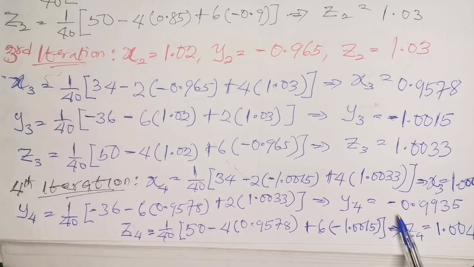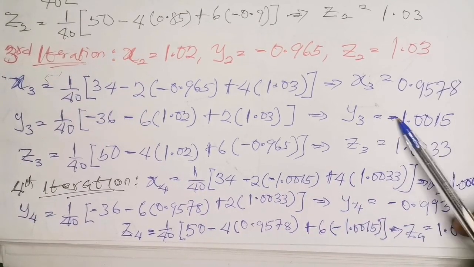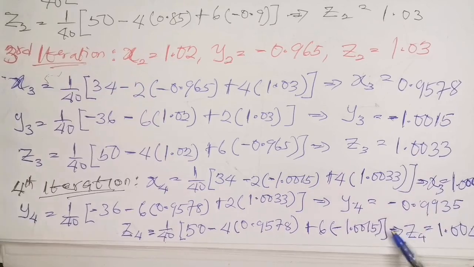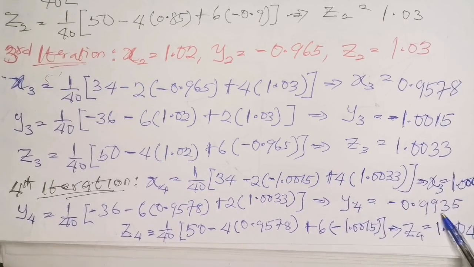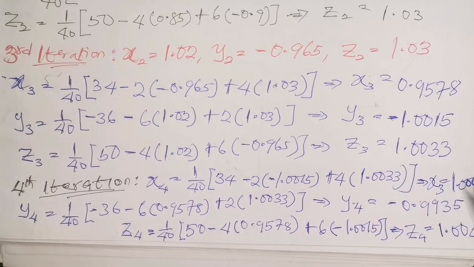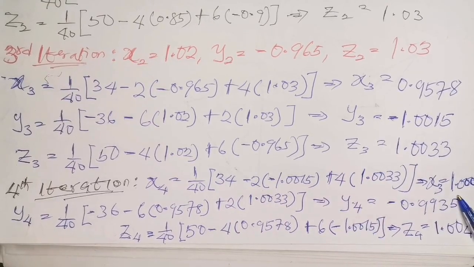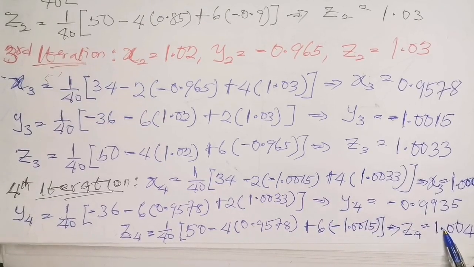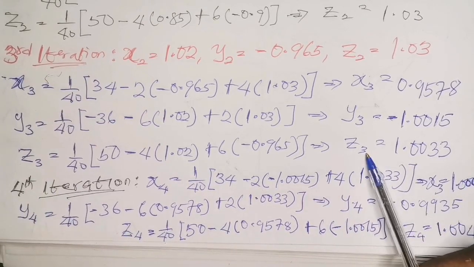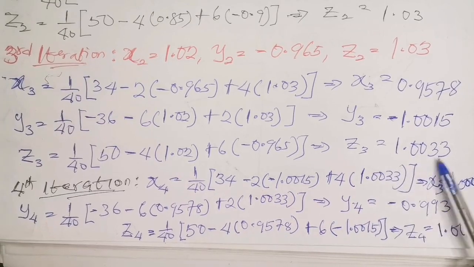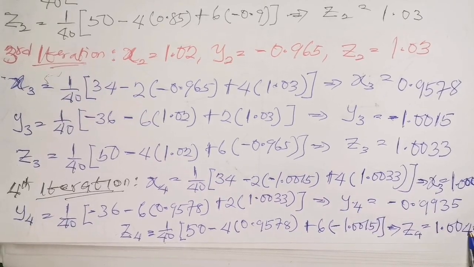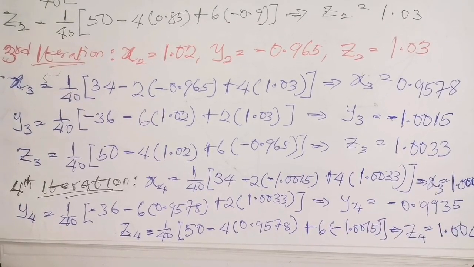Similarly for y, in the previous result, we had y to be negative 1.0015, but in this result, we're having y to be negative 0.9935, which means, again, y has not converged. So which means we have to further the iteration. Same thing applies to z. In the previous value of z, we have z3 to be equal to 1.0033. In the current value, we're having 1.0040, which means it hasn't converged. So we carry on with the fifth iteration.